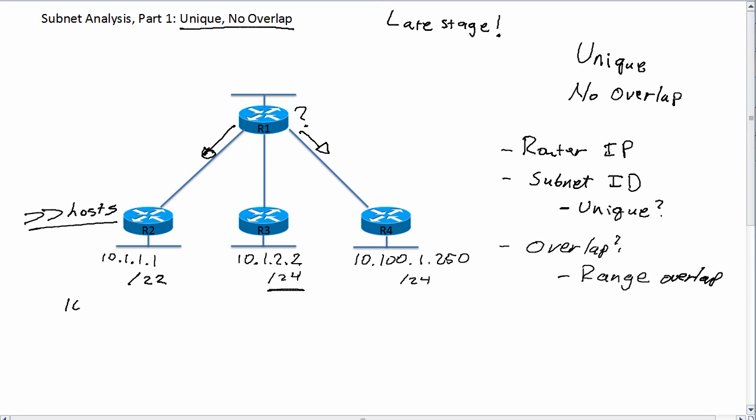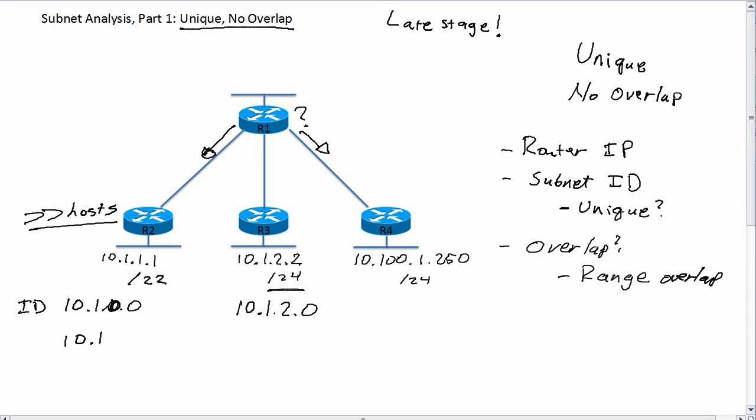Well, if we calculate the subnet IDs for these left and middle subnets, we'll end up with 10.1.0.0/22 on the left and 10.1.2.0/24 off R3. Now at first glance it appears that these are unique subnets because they're not the same number. However, if we calculate the range of addresses in these subnets, you'll see there's an overlap.